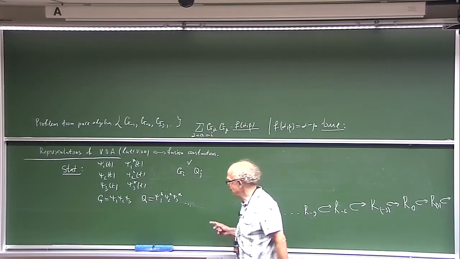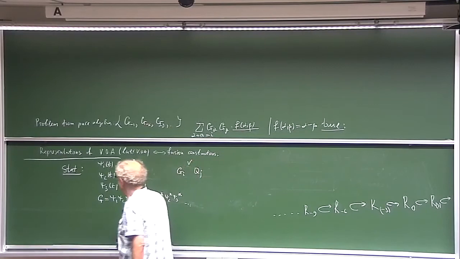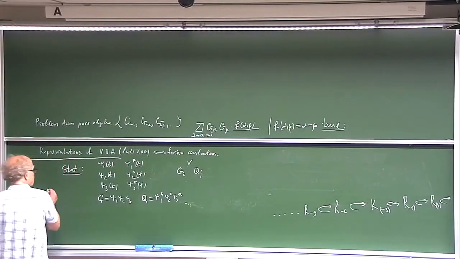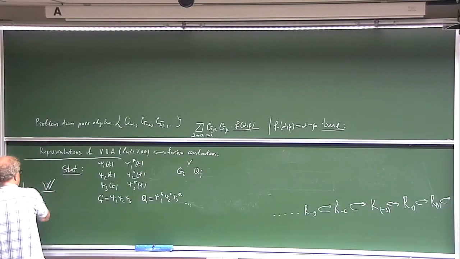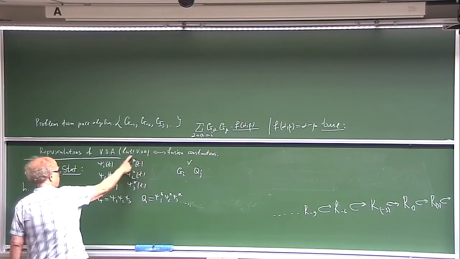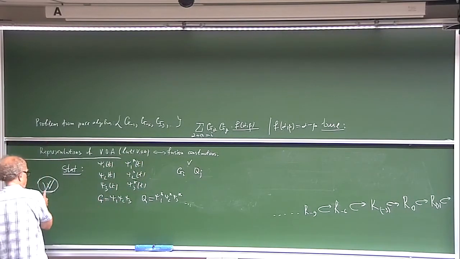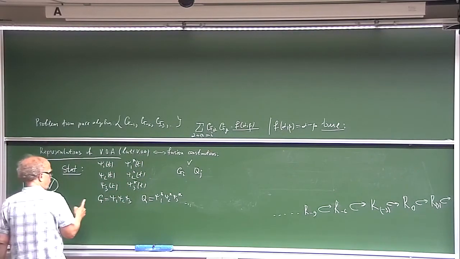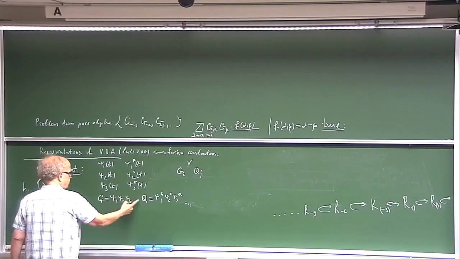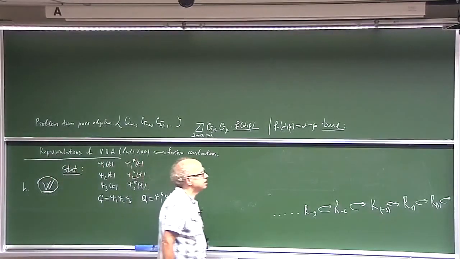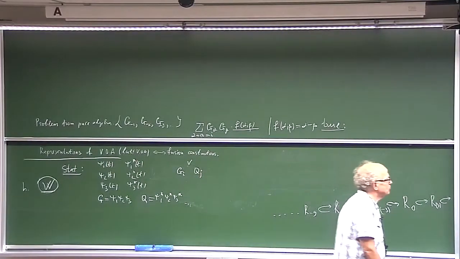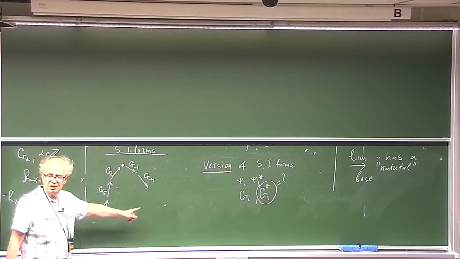But the meaning of this statement is: if you take the highest weight vector W in the representation of this Clifford algebra, and then act by the algebra generated by G and Q, then you get precisely the vector space of this representation.